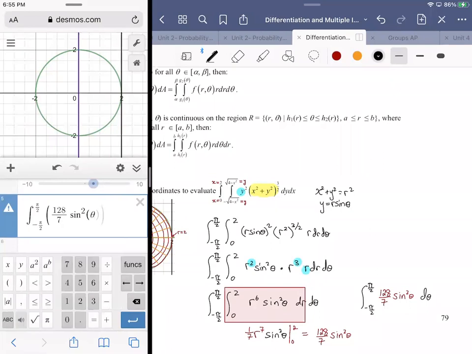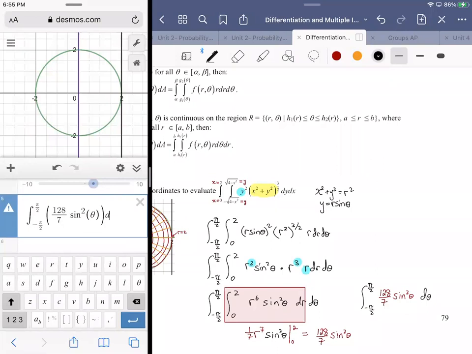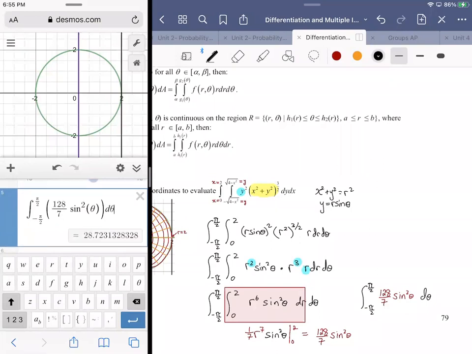You just type in the theta. You could just go with x if you want. And you get about 28.7 or so.